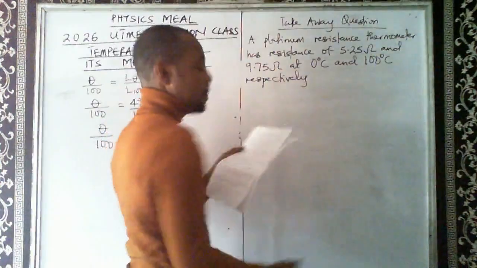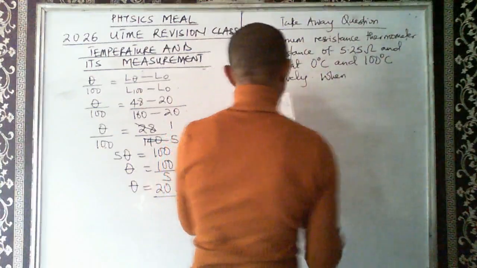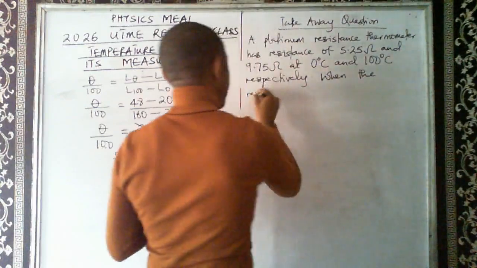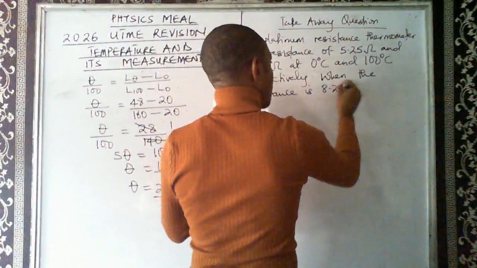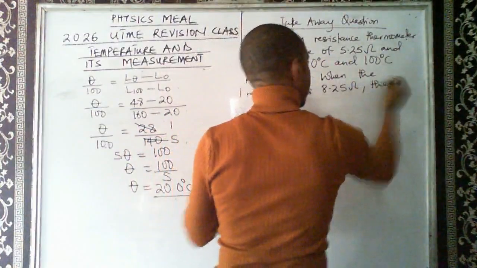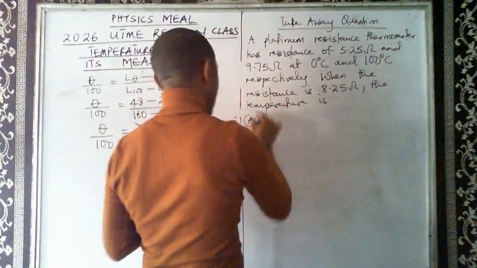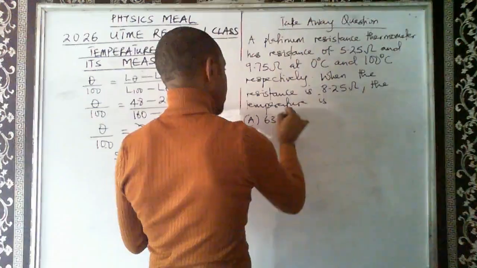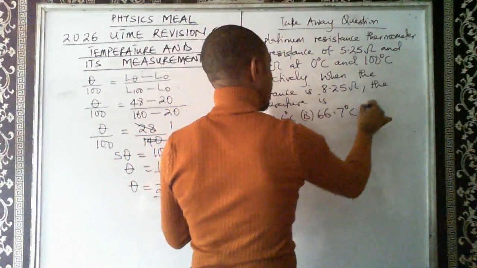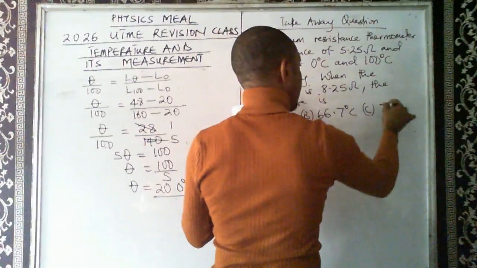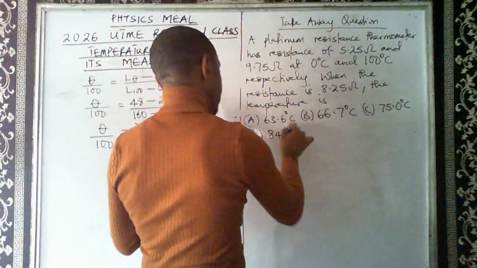You know why they are saying respectively? Okay. When the resistance is 8.25 ohms, the temperature is, let's take the options: A, 63.6 degrees Celsius, B, 66.7 degrees Celsius, C, 75.0 degrees Celsius, and D, 84.6 degrees Celsius.